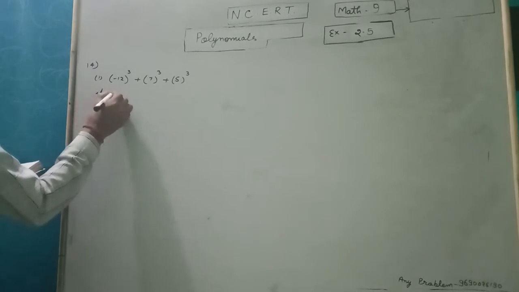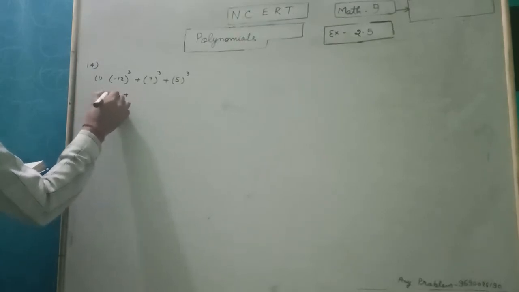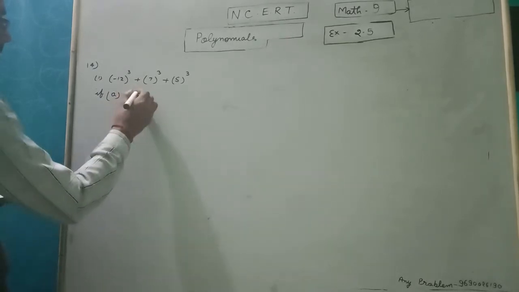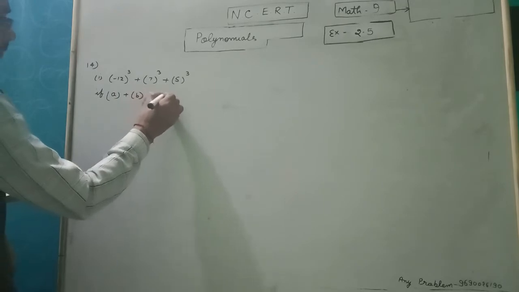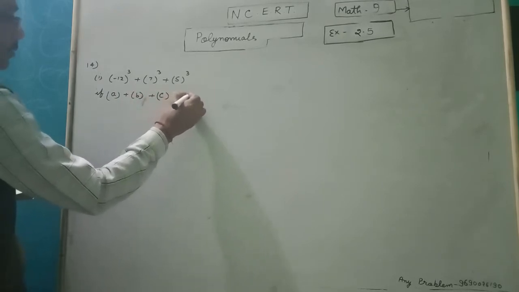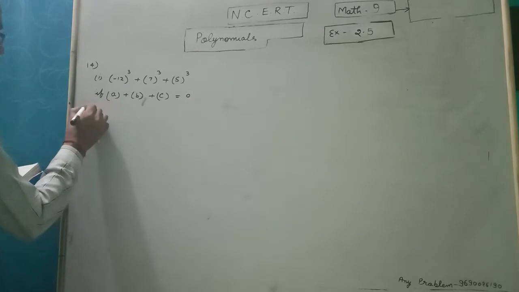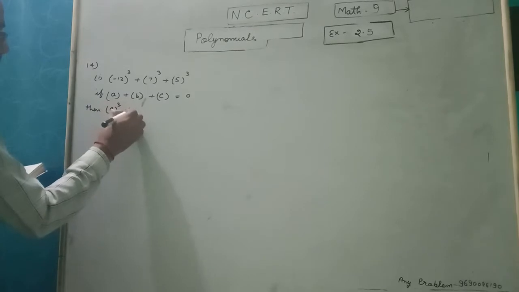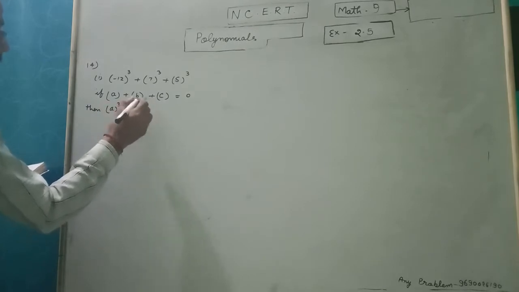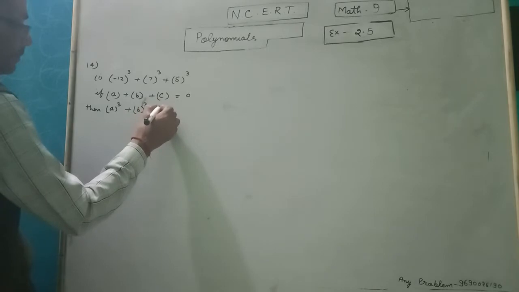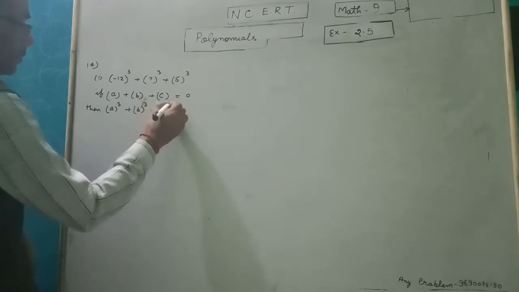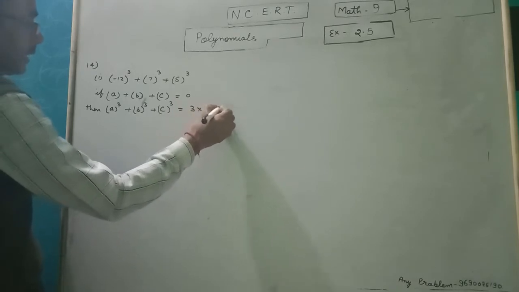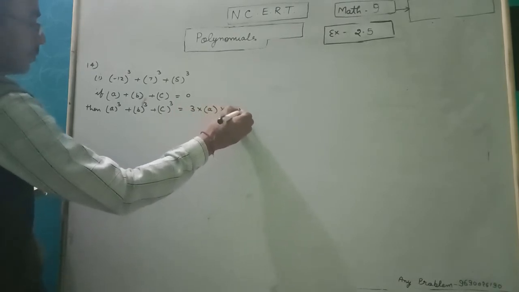If a + b + c is equal to 0, then a³ + b³ + c³ will be 3 into a into b into c.